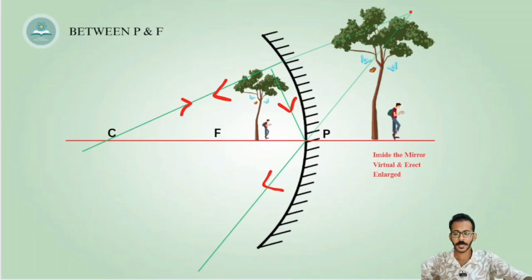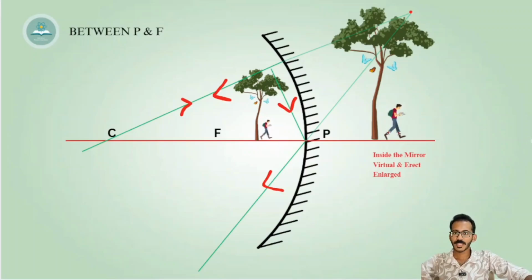But in this case, we won't be able to get a real image, but a virtual image which is highly enlarged will be formed inside the mirror. That is this case. So, when you keep the object between P and F, in the case of concave mirror, we'll get a virtual and erect image inside the mirror that is highly enlarged. So, this is a special case.